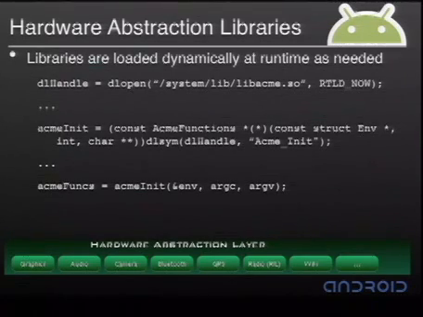If this was audio, we would do something like libaudio, and then get a pointer to the audio functions that we require. And this allows us to do very loose coupling between the lower level hardware implementation and the rest of the Android platform.